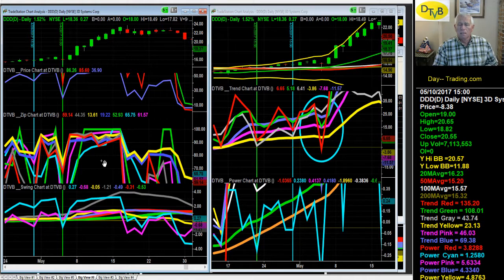It can be in the 70s or 60s or 80s real easily, and that's a different type of movement. But again, 90% of the time, Zip Pink is right under Zip Green when it drops down. And it's also above 75 almost all the time in an uptrend.